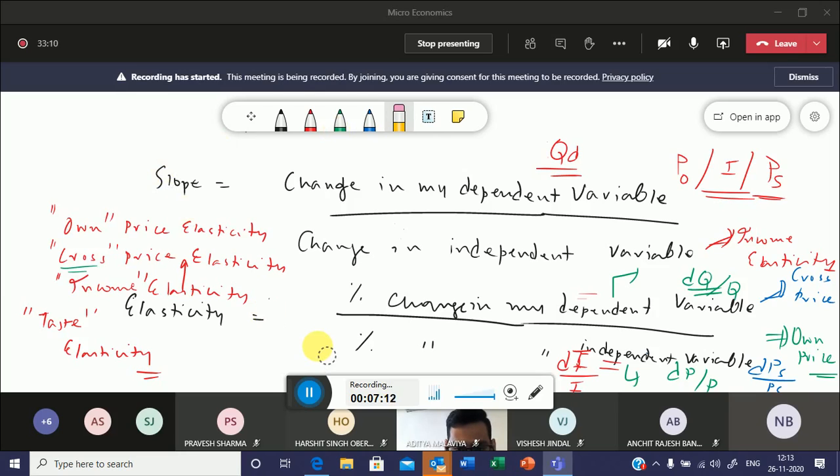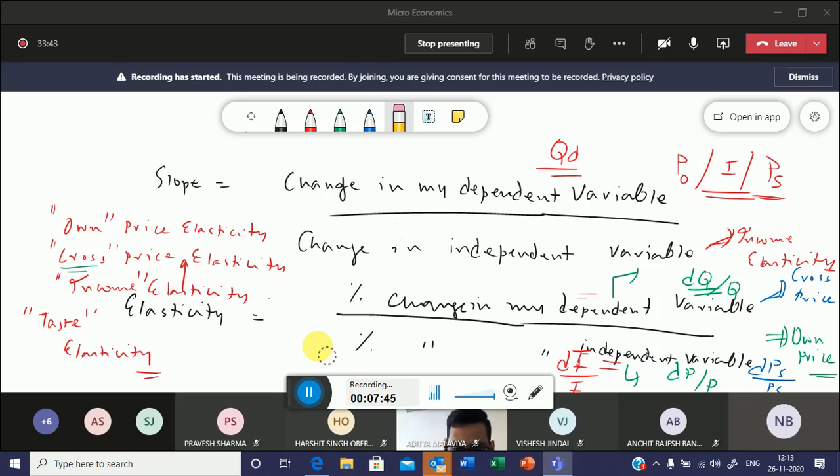Okay. Likewise, cross price elasticity can take a value either negative or positive. Why? Because cross price basically means I'm looking into the price of either a substitute or a complement good. So if the price of the complement good, for instance tea and sugar, if the price of sugar increases, then quantity demanded for tea may fall, provided the consumer is taking sugar and tea together.